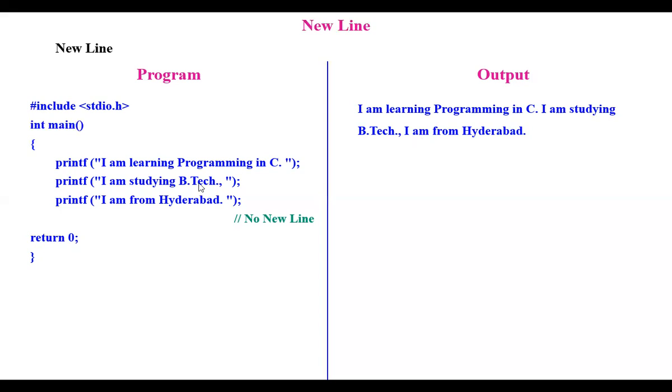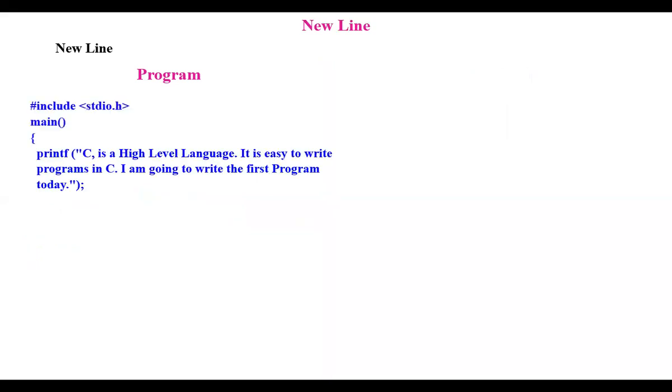Why did it happen? Even though we have put 3 printf statements, we are not getting these statements in 3 lines because we haven't put this new line character. The new line character is a must to have the next line. Suppose I have taken only one printf statement and run the program.